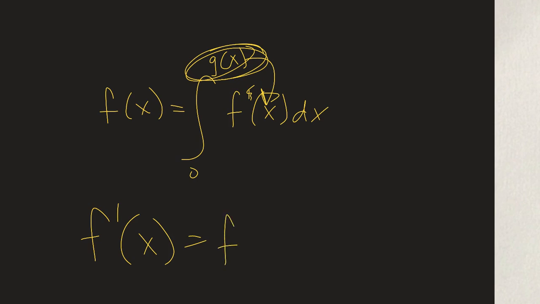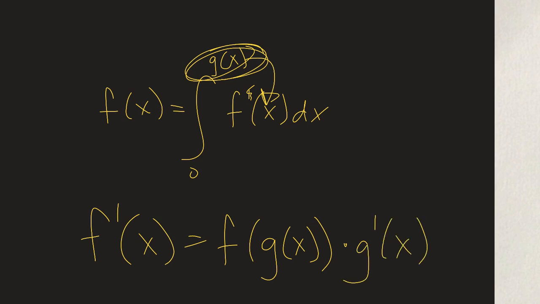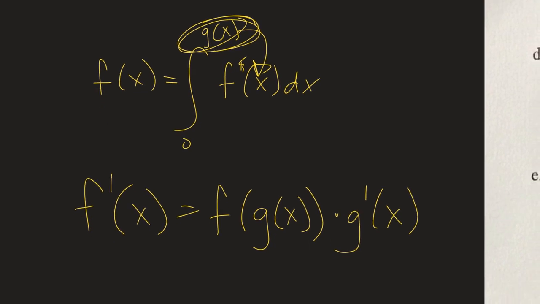We take the composition and we multiply it by g prime, the derivative of that upper limit. So if your upper limit is a function, then we're taking the derivative of an integral by doing some composition, multiplying it by the derivative.